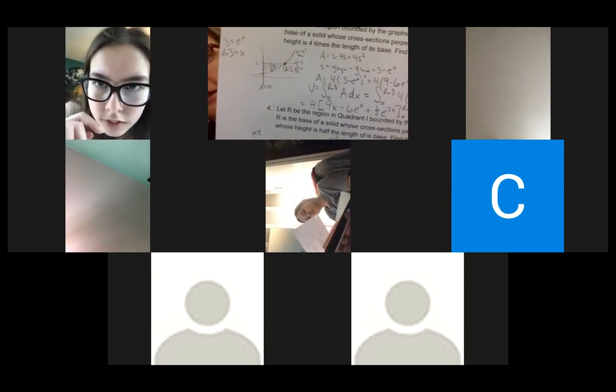Uh-huh. Okay. And so because the cross section is a rectangle that is perpendicular to the x-axis, I've drawn a thin little rectangle in there that would be perpendicular to the x-axis and ends up being a vertical strip, so that I could figure out what the top curve and the bottom curve would be.